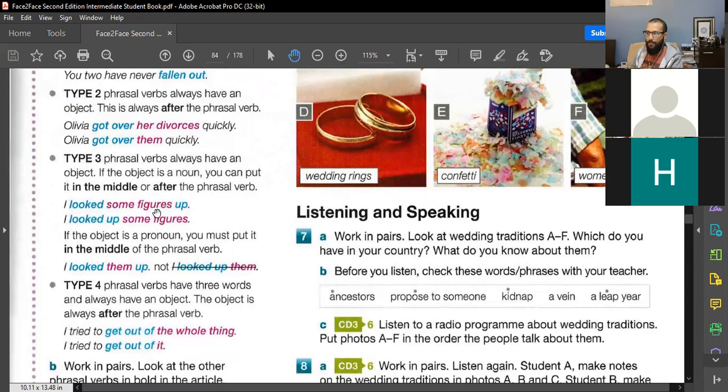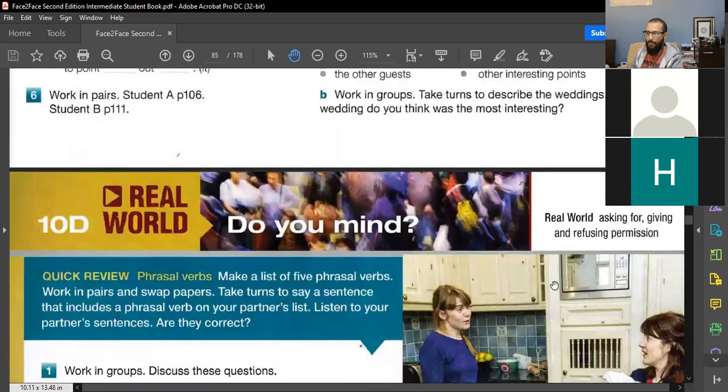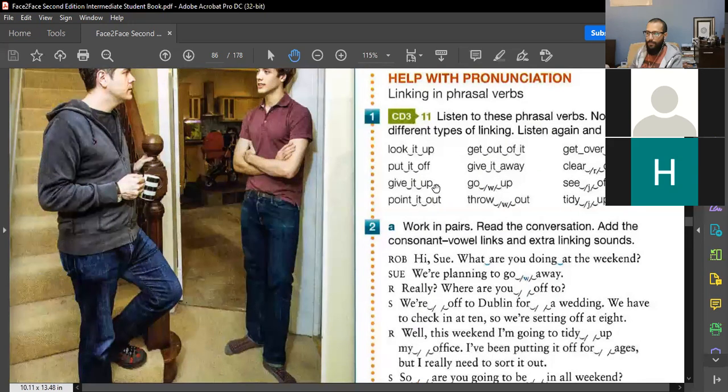Now we want to talk a little bit about the pronunciation of phrasal verbs. How do we pronounce them? It says here, listen to these phrasal verbs, notice the different types of linking, listen again and practice. So we've got more than one way of linking the phrasal verbs.